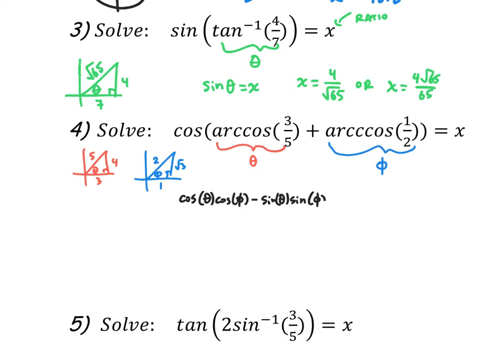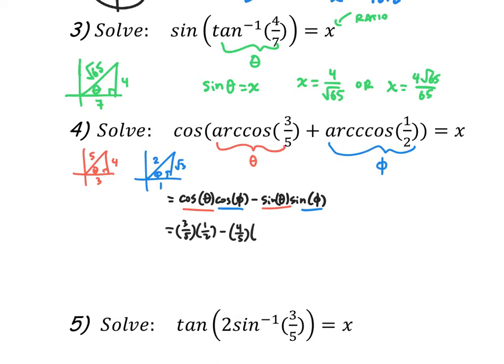Now this is just using the compound identities we've already worked with. Anything that involves a theta, I'm going to use the red triangle. Anything that involves a phi, I'm going to use the blue triangle. So cosine of theta I already know is 3/5. Cosine of phi is 1/2. Sine of theta is 4/5.